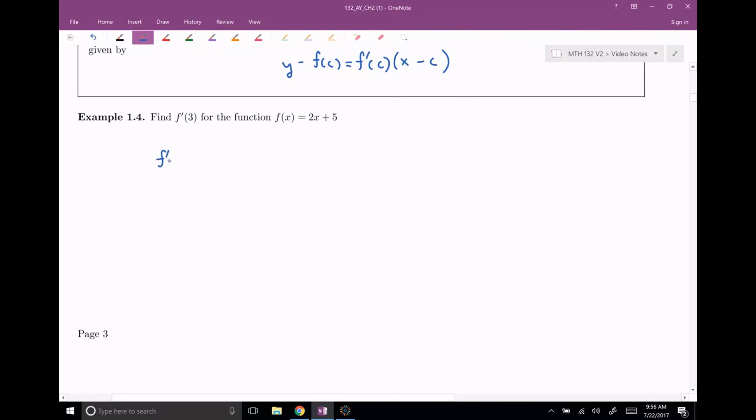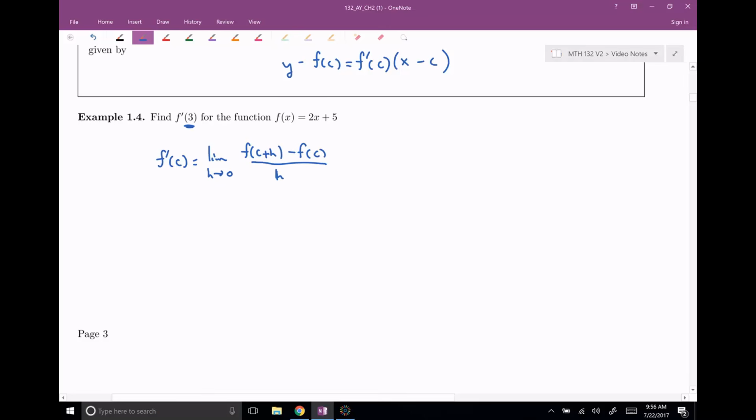So f prime of c is equal to the limit as h goes to 0. Like I said, I'm going to use the second one, the one that's actually used a bit more. So the limit as h goes to 0 of f of c plus h minus f of c divided by h. And now in our case, our c value here is 3, right?